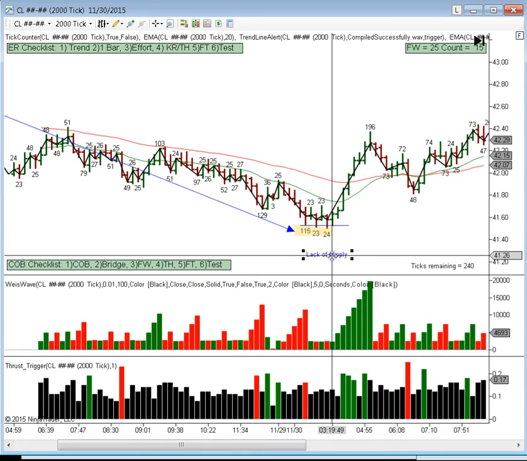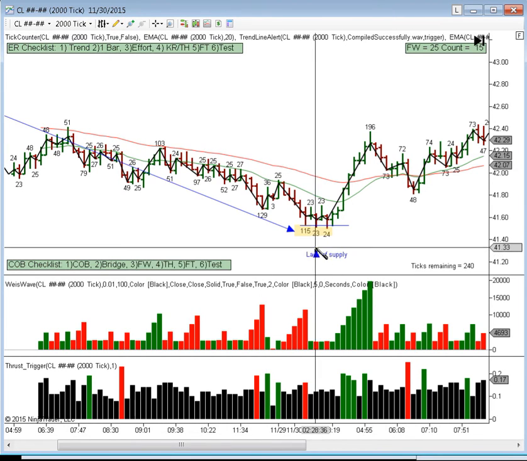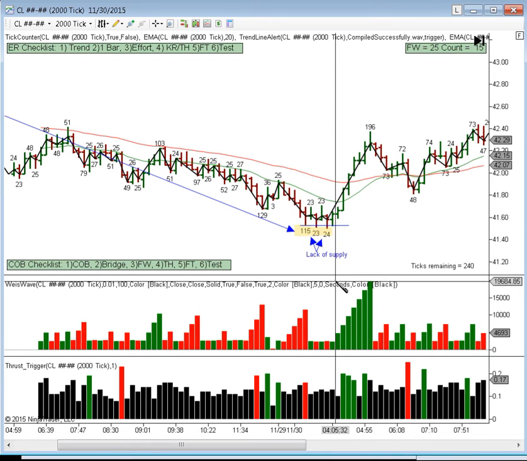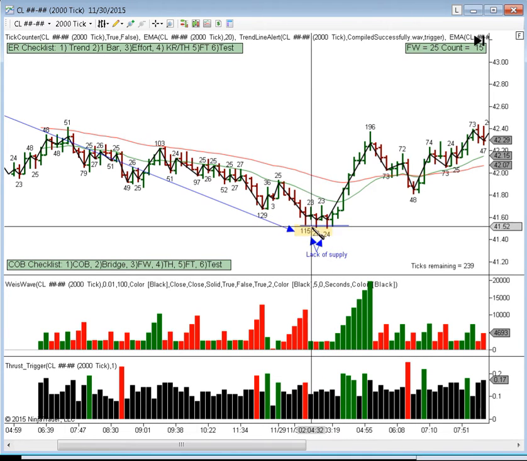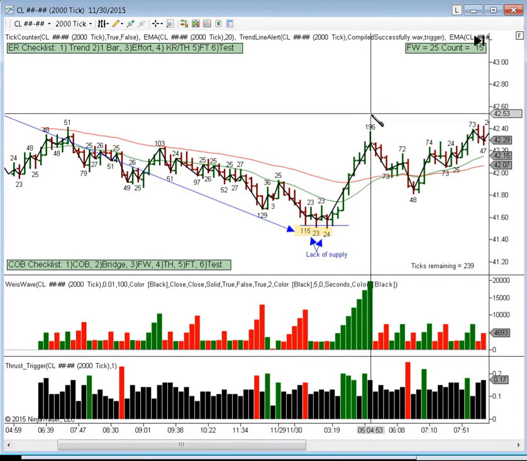Alright, so you have the lack of supply here and here. Now the trend hasn't turned yet. Okay, the trend hasn't turned yet. Lack of supply will allow buyers to come in, will allow traders to do this.